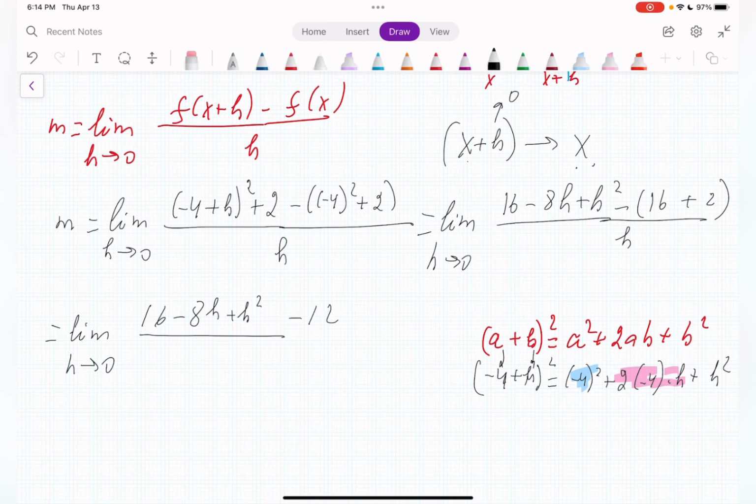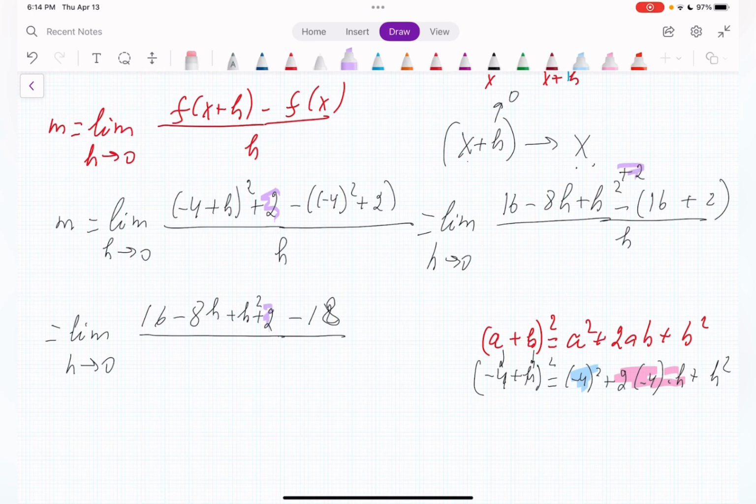Oops, I forgot these 2 also. I'm going to add these 2 here, plus 2 here and plus 2 here. Sorry about that. These 2 are from the equation.